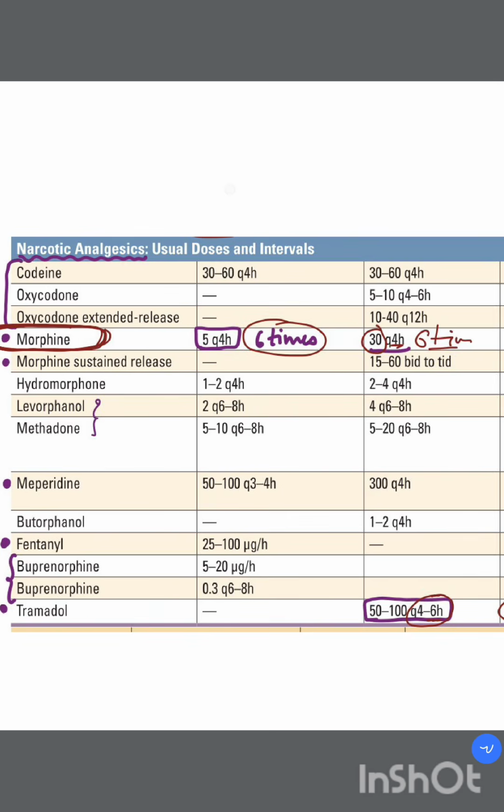As you must remember from our previous video on pain's pathophysiology, the pain modulating pathway acted via endogenous opioid molecules such as enkephalins, right? So there were mu receptors, opioid receptors, and these opioid drugs also act on mu receptors only. Okay, so this is the table from Harrison's, giving its doses and intervals.